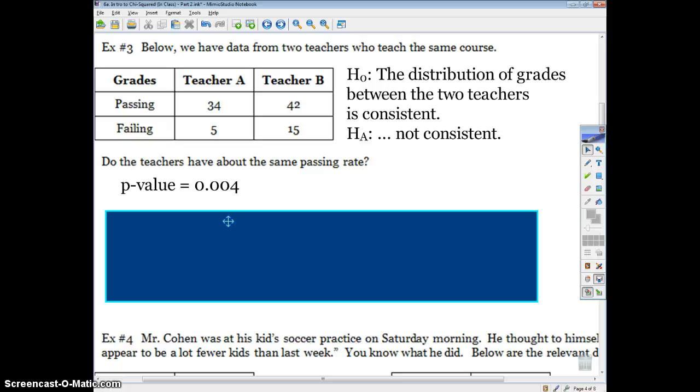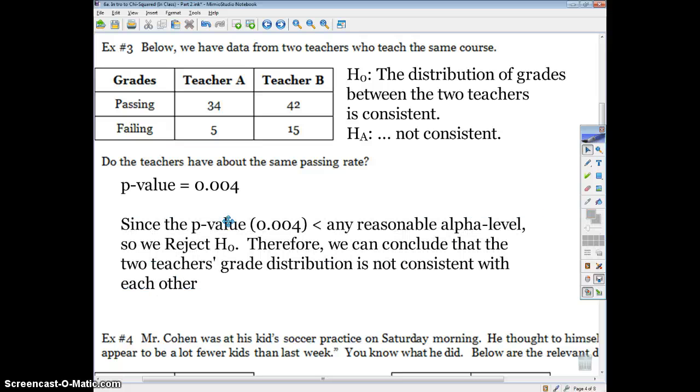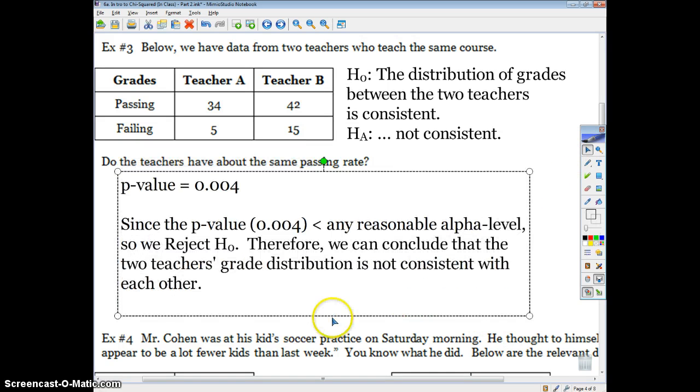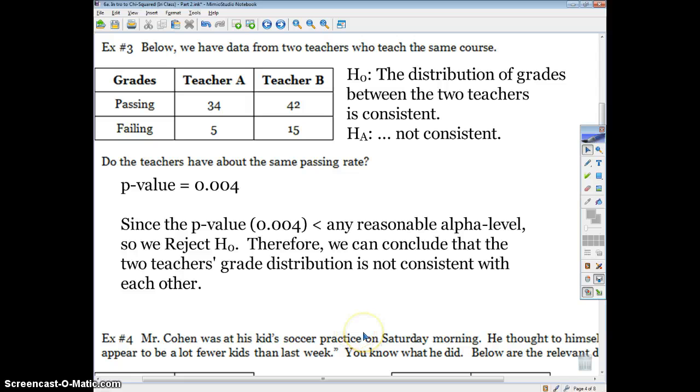We have no specified alpha level, but 0.004 is lower than any reasonable alpha level, so we are going to reject the null hypothesis. Therefore, we can conclude the two teachers' grade distribution is not consistent with each other. And let's pretend that I punctuated that appropriately. There we go. Okay? Chi-squared test of homogeneity.